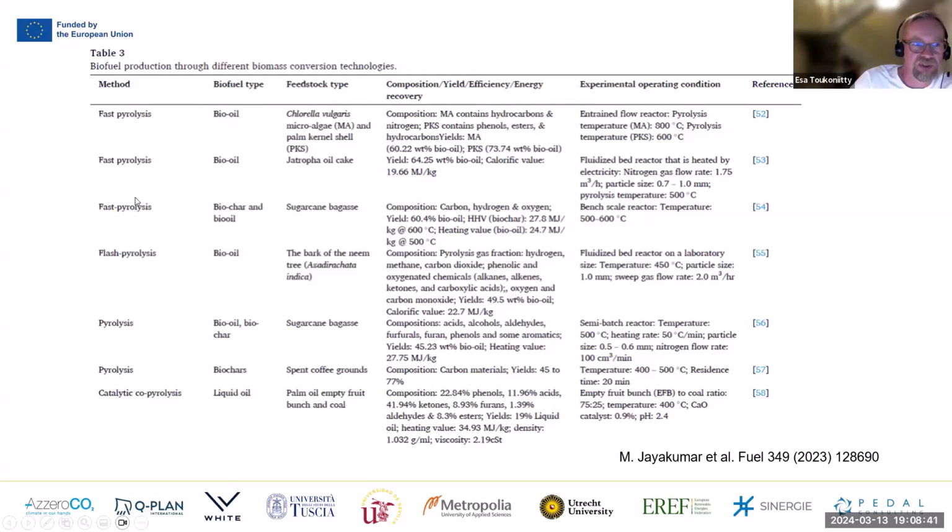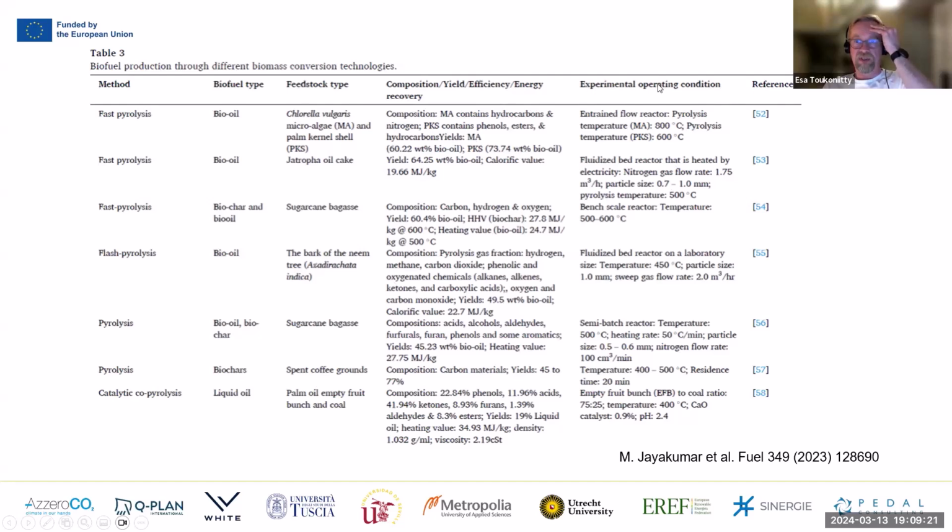In the majority of these, regardless of whether it is flash pyrolysis or catalytic co-pyrolysis, you tend to get some bio oils or liquid products. In this one, you'll have biochar, so that's the solid carbon-based material. Here are also interesting additional details regarding the process, so composition, yield, efficiency, and so on.